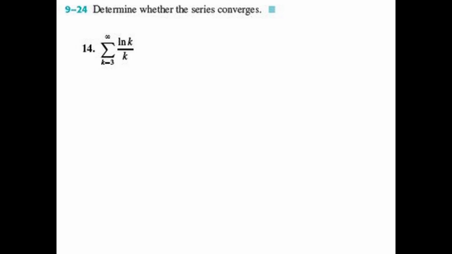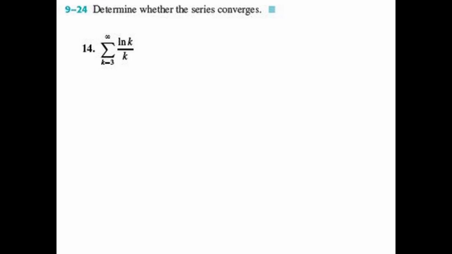So you may or may not be told how to do the problem. If you are not told how to do the problem, then you can do the problem however you like. If these are the instructions, determine whether the series converges. We've gone over numerous tests to help us with that.